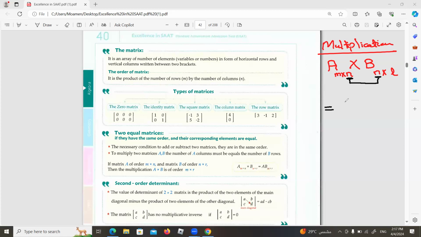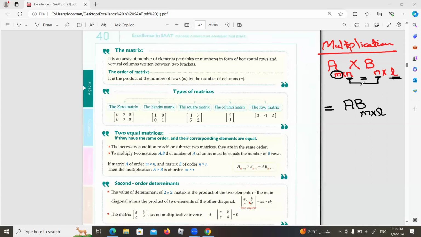So the result will be A times B, or AB, and the result will be of the order of the number of rows of the first, which is M, multiplied by the number of columns of the second, which is L. Again, to multiply, the middle numbers must be equal.